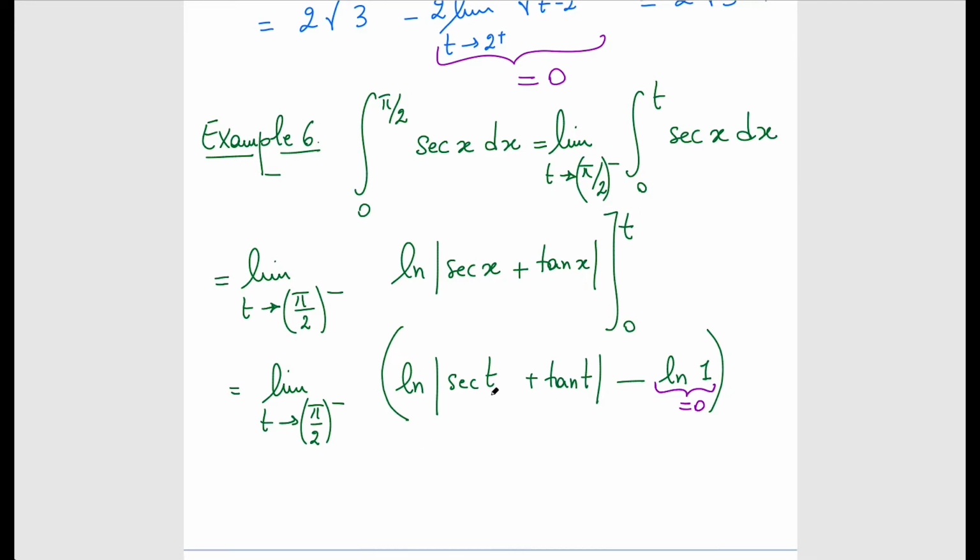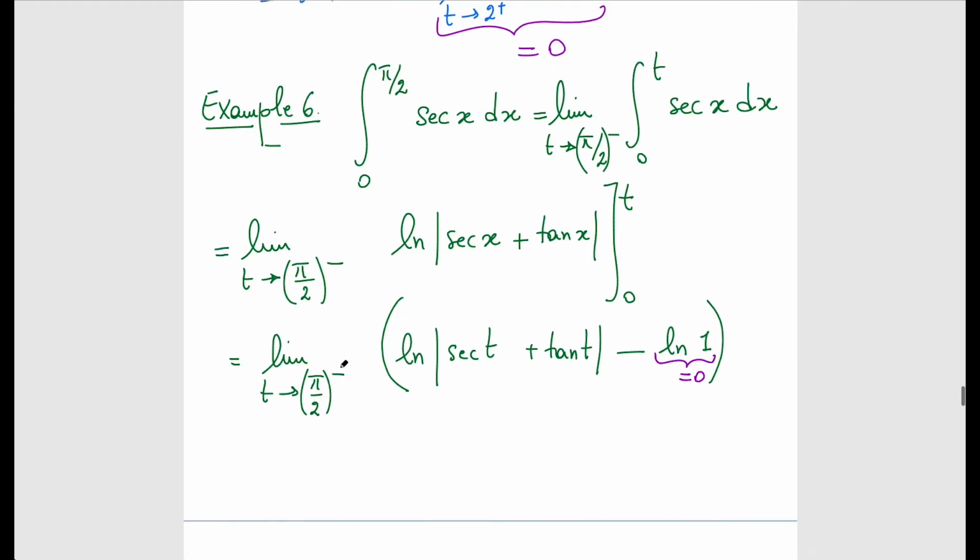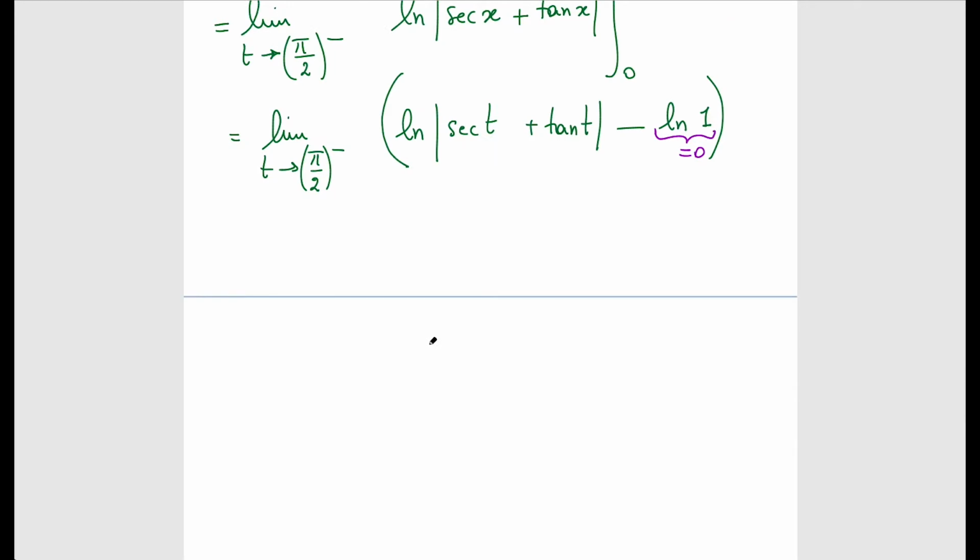Well, what do we know about secant of t as t goes to pi over 2 from the left? So let's change color here. So secant of t goes to what as t goes to pi over 2 from the left?